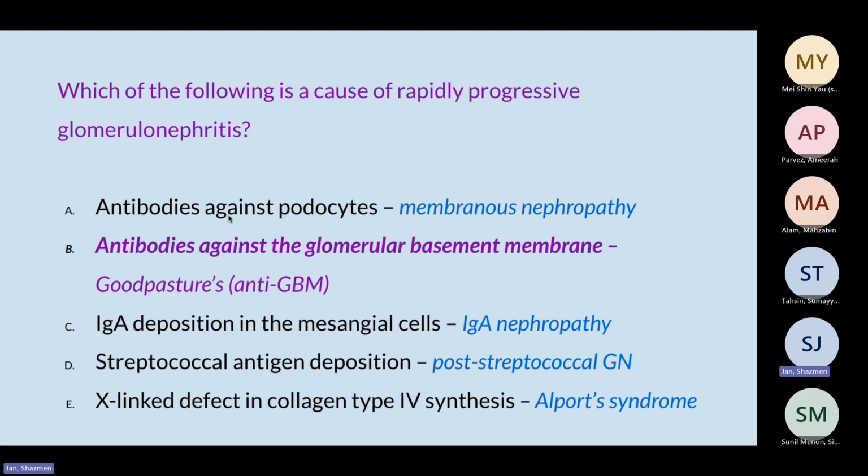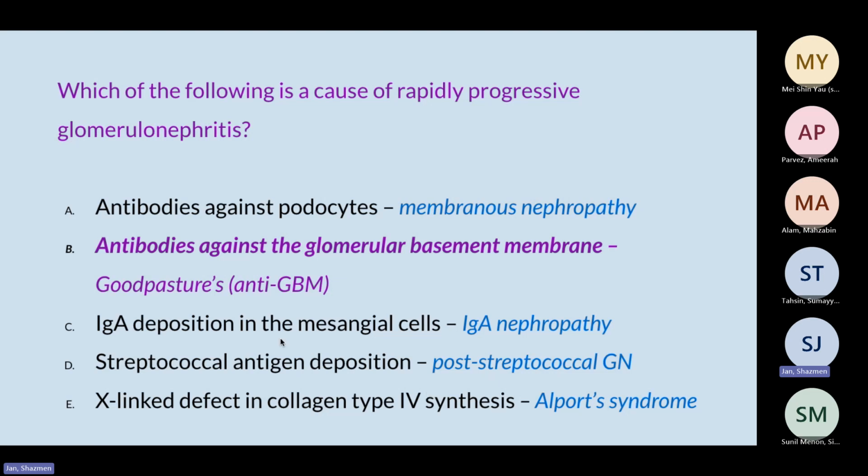So for the first one, if a patient has antibodies against podocytes, that's membranous nephropathy. If they have IgA deposition in the mesangial cells, then it's IgA nephropathy. If they have deposition of the streptococcal antigen, it's post-streptococcal, and if it's an X-linked defect in type 4 collagen synthesis, that's Alport's.